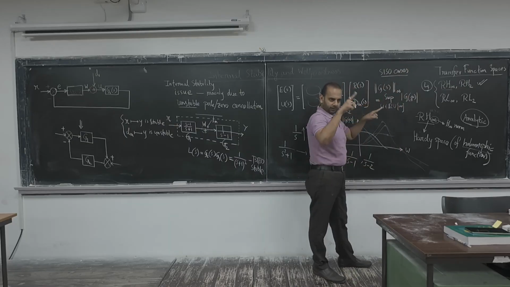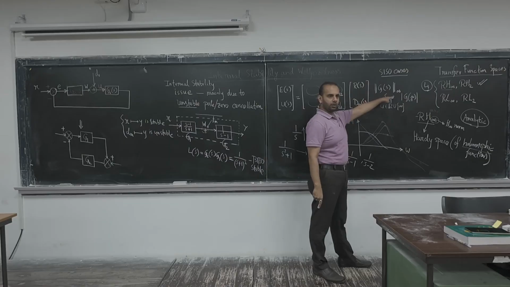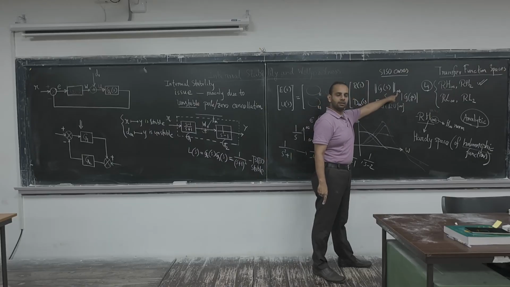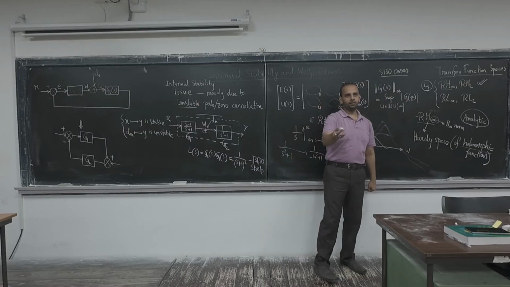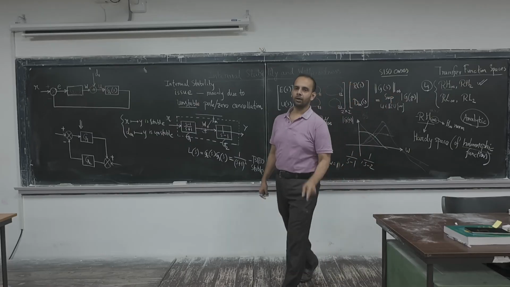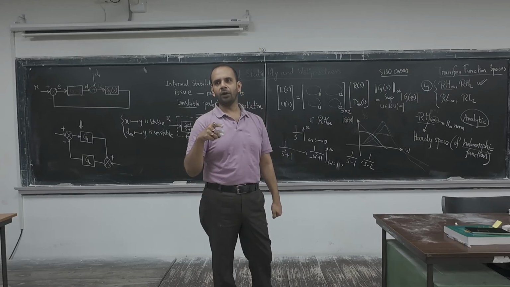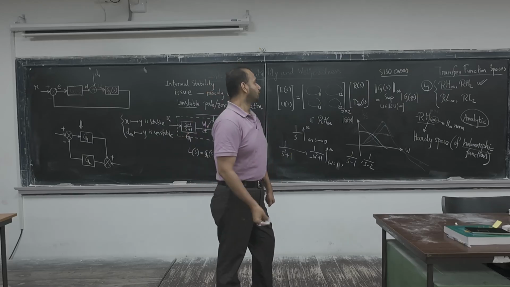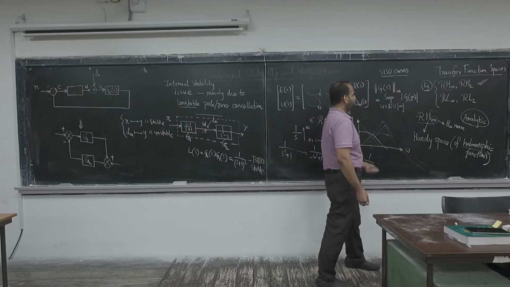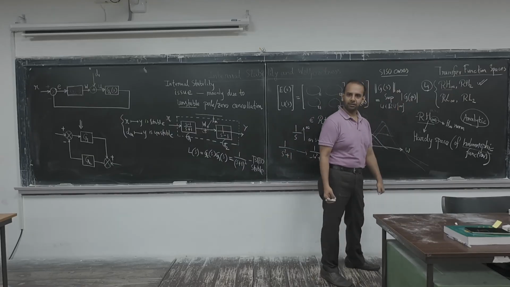Infinity here is the system infinity norm, because for a vector also we can talk about one norm, two norm, infinity norm. For a matrix also we can think about one norm, two norm, maybe infinity norm. So this is a system norm, and in this case it is called the H infinity norm.